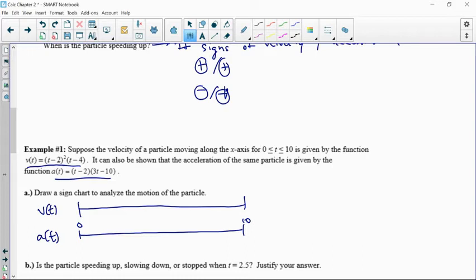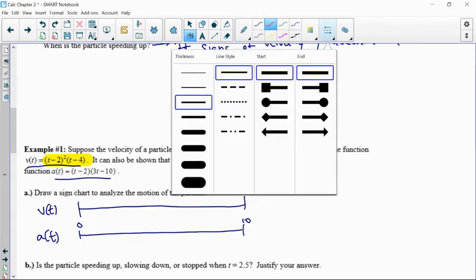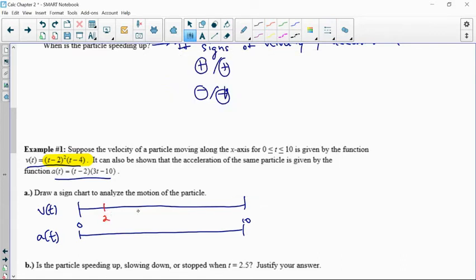Like, when is the velocity 0 to divide up this number line? So I look at my equation here for velocity, which is this one right here, and the velocity is 0 when t is 2 or when t is 4. So I'm going to mark those spots on my number line. So t equals 2, maybe right here, and t equals 4 is right there.